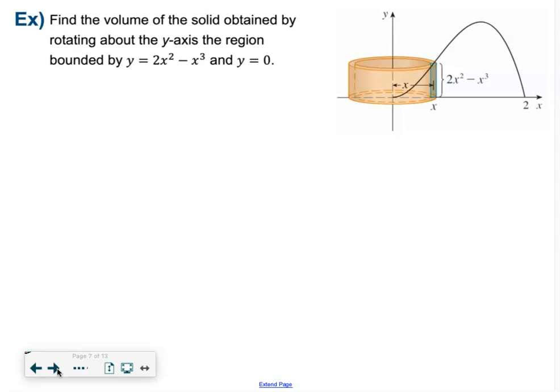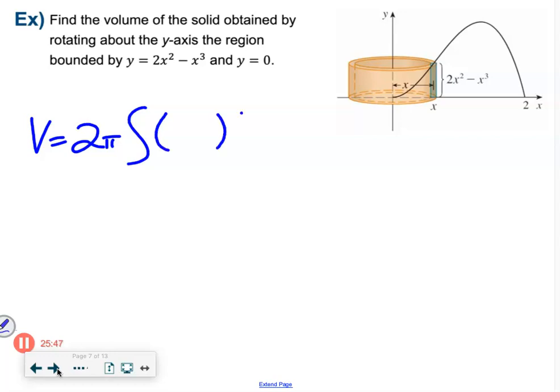But if we do shell, it's actually really easy. Would this be a dx or a dy? This would be a dx. Vertical axis with shell is dx. So with shell, you go 2 pi integral of radius times height dx. So go ahead.